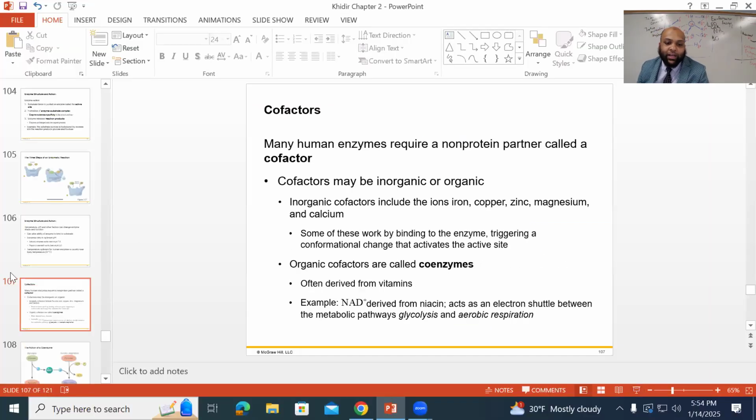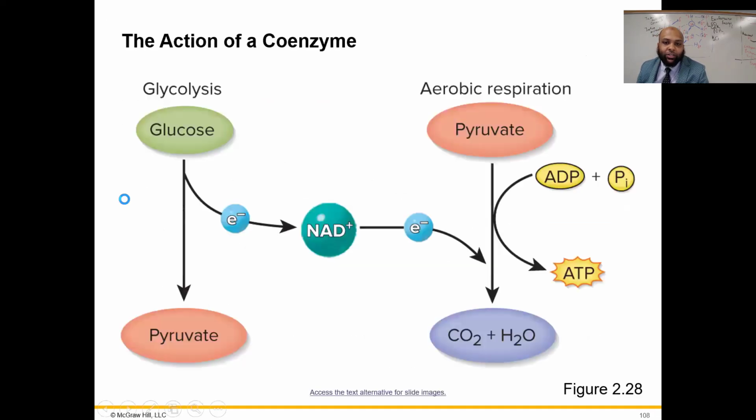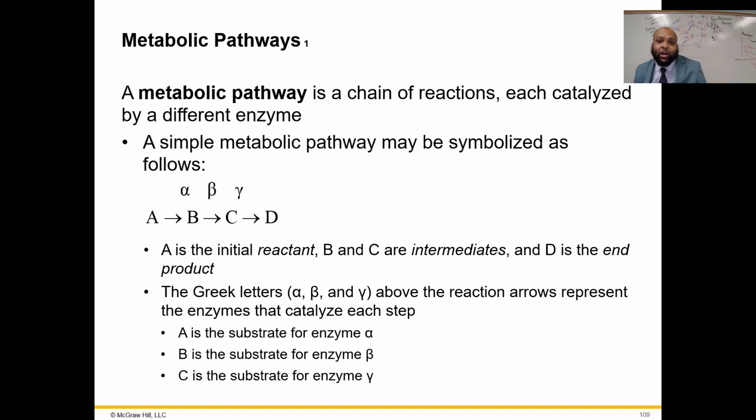Enzymes need cofactors in order to operate. Coenzymes need accessories. You cannot work on your own. So enzymes need accessory coenzymes and cofactors, which are usually minerals that help us do the job.